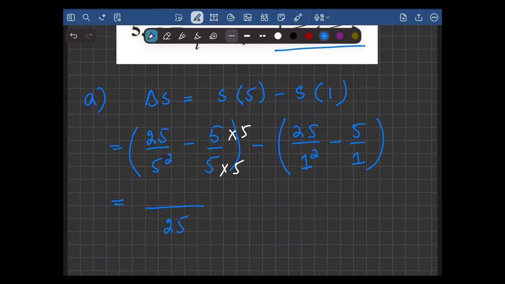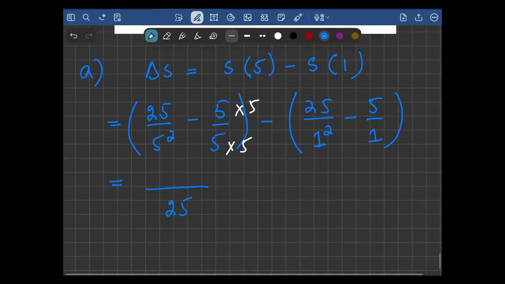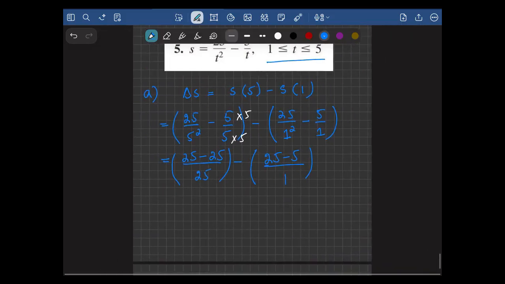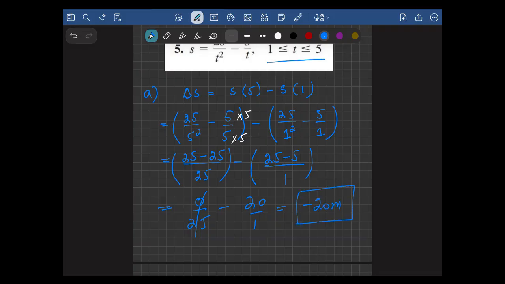So if 5 is the common LCM, it's going to be 25 here, minus 25 here as well, and 1 is the common LCM, so 25 minus 5. Finally we get 25 minus 25 is 0 over 25, minus 20 over 1, which ultimately becomes 0 minus 20. So minus 20 meters is the final displacement.